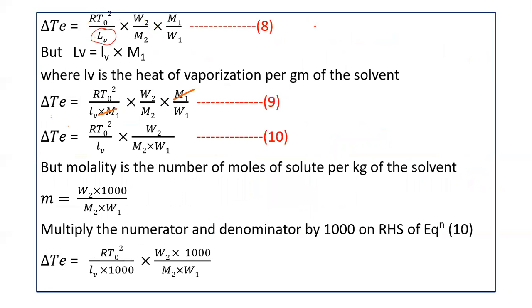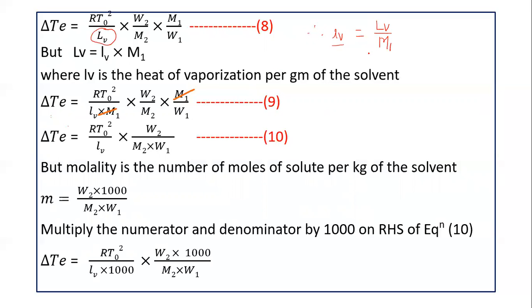So small LV is equal to capital LV, the heat of vaporization per mole of the solvent, divided by the molecular weight of the solvent, M1. Then per mole gets cancelled, and now it is the heat of vaporization per gram of the solvent.